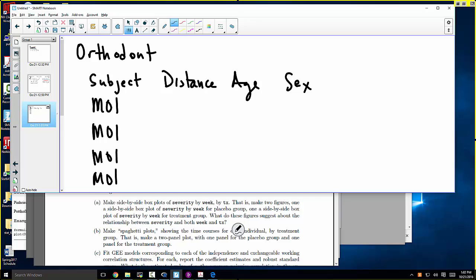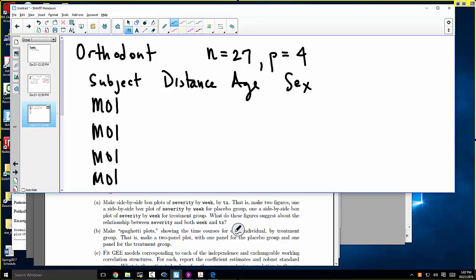After those 4 comes M02, 4 rows for the second male, then M03, 4 rows, and so on. We have 27 individuals total. N is 27. We might say P, the number of time points, is 4 for every individual.